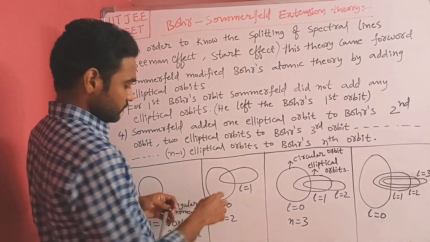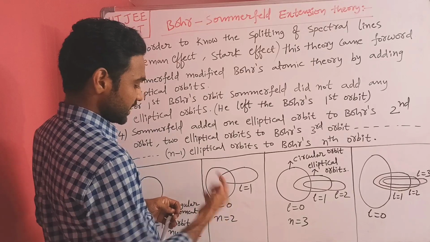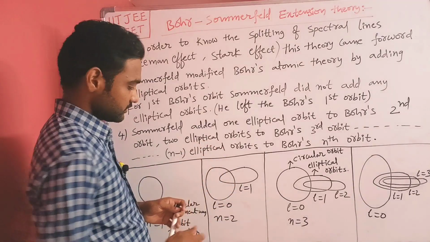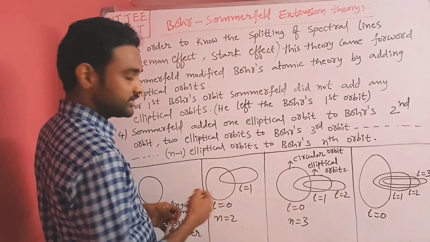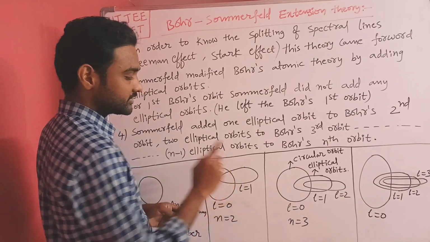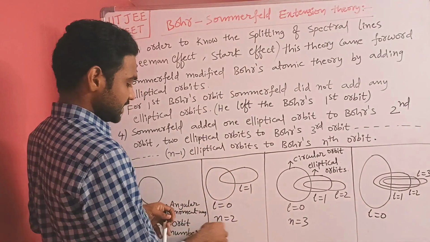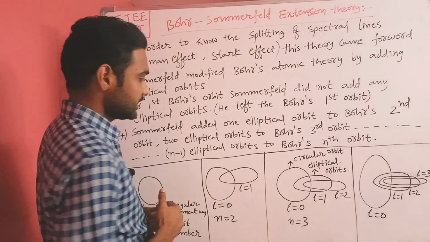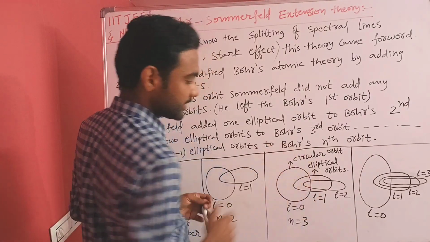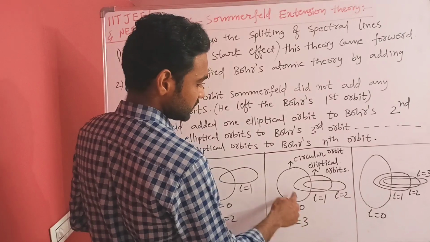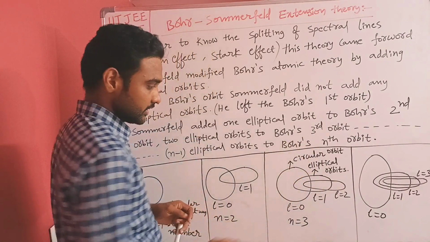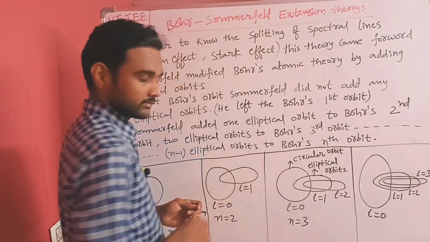For Bohr's second orbit, he added one elliptical orbit. Angular momentum is 0 for the first orbit, and for the second orbit, angular momentum is 1. Shell number is 2. Next, Bohr's third orbit, he added two elliptical orbits. L value 0 for the first one, L value 1 for the second one, L value 2 for the third one, and n value, shell number, is 3.